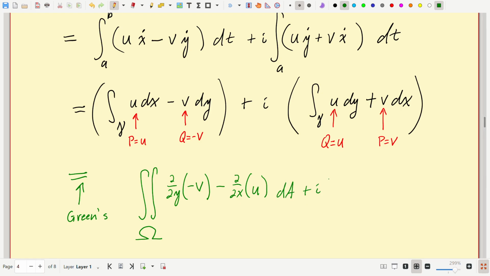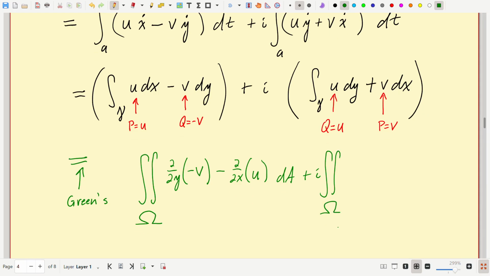Plus i times the integral over the inside of d by dy of u minus d by dx of p, which is v, the area.